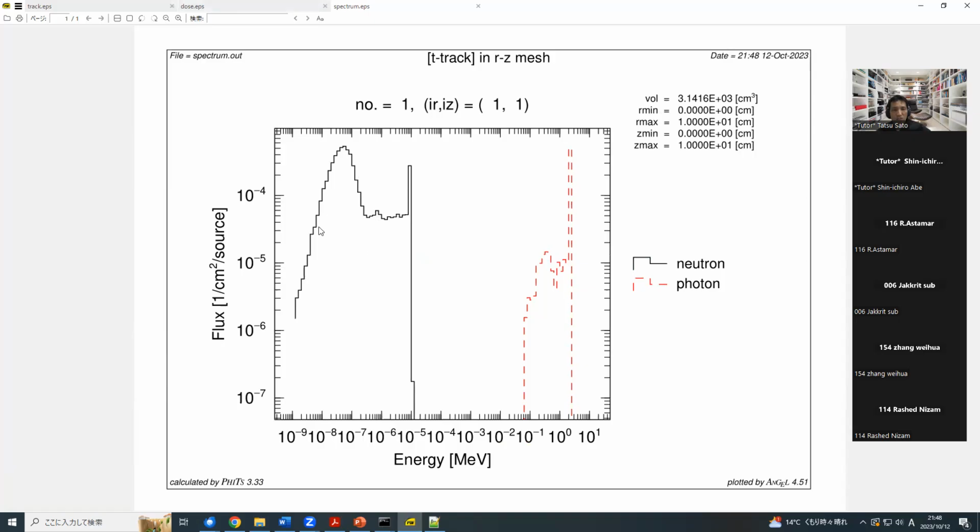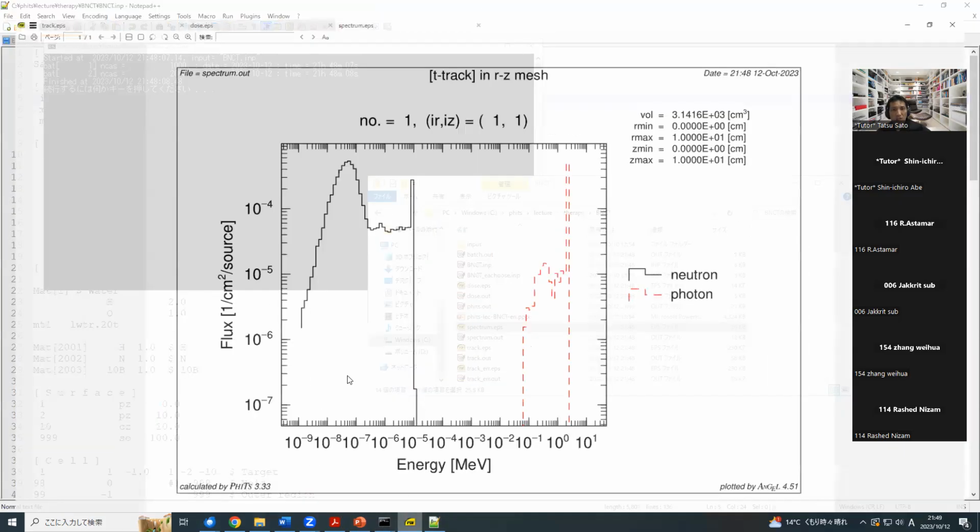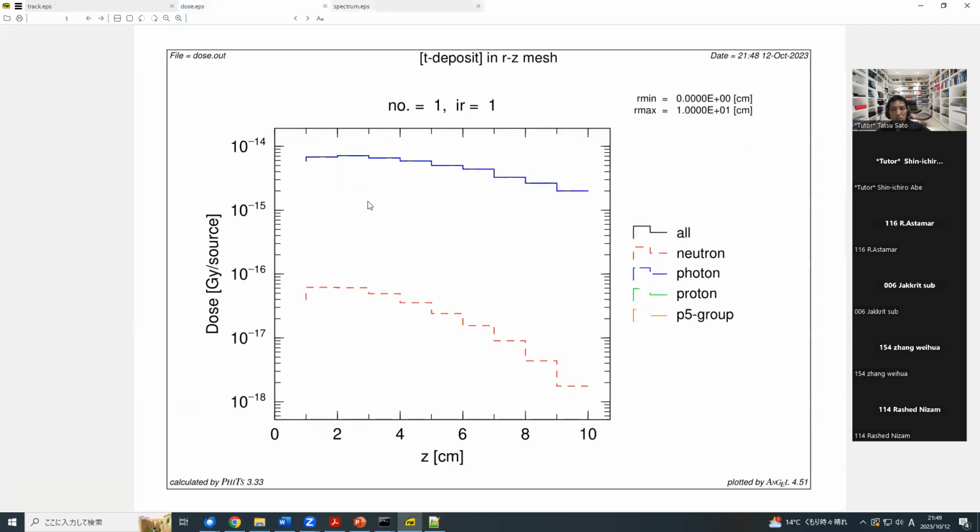Some thermalized neutrons are captured by hydrogen atoms, and the hydrogen generates 2.2 MeV gamma rays. The 2.2 MeV gamma rays are transported and sometimes decrease in energy like this. And here is the dose.